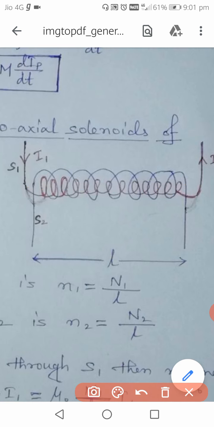Because for this coil, the field B2 will be everywhere inside S2, means this region. Here also there will be field lines.